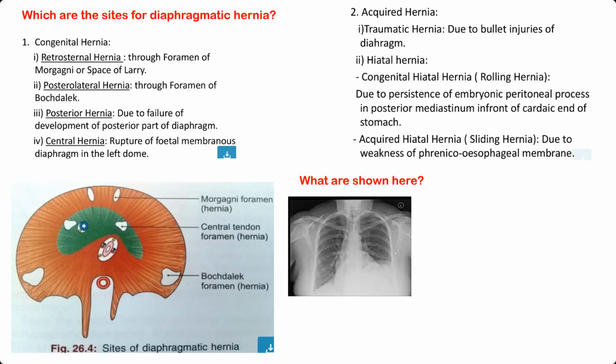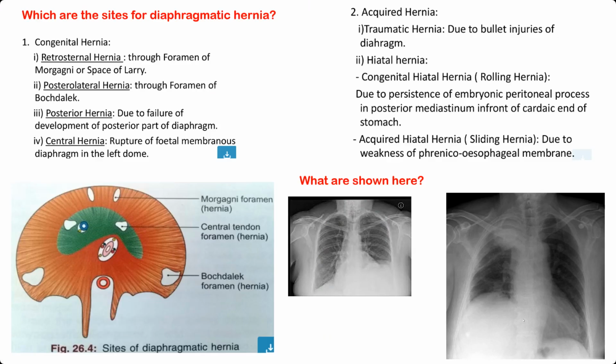See, the diaphragm is elevated here, and this is the right side. Okay, so this is left phrenic nerve palsy. So this sort of X-ray may be kept in the OSCE or in your practical exam. So you must be well versed in that. Always make sure that the diaphragm is equal on both sides.